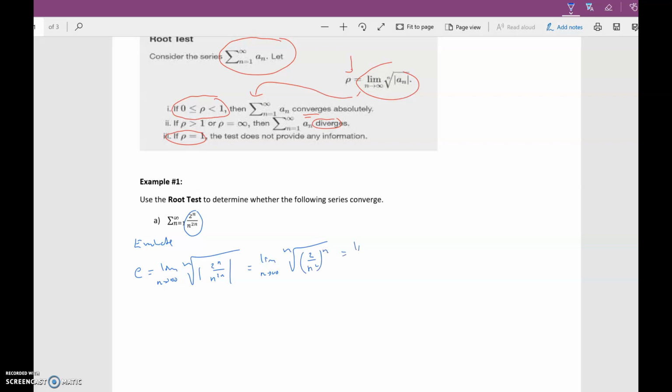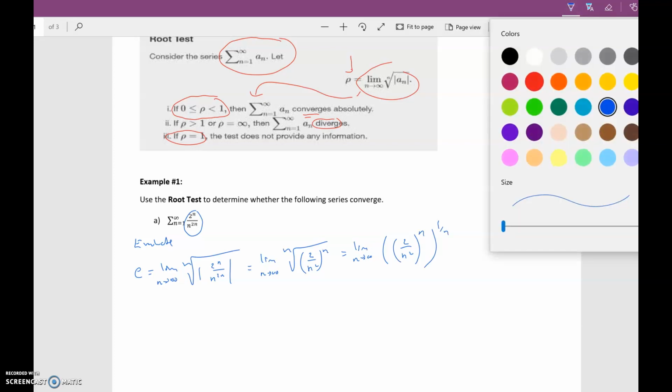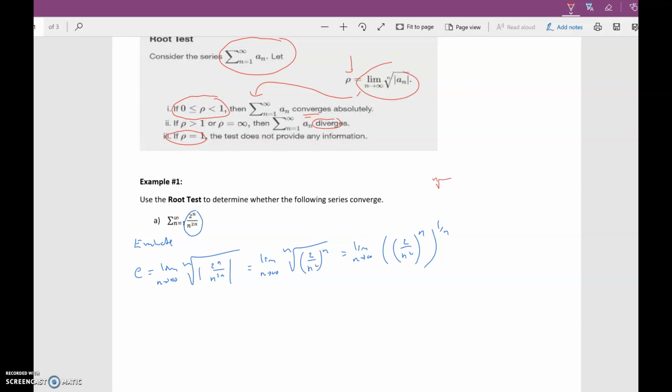This is going to be the limit as n approaches infinity of 2 over n squared raised to the n, and then raised to the 1 over n. I'm just expressing the nth root as x to the 1 over n.